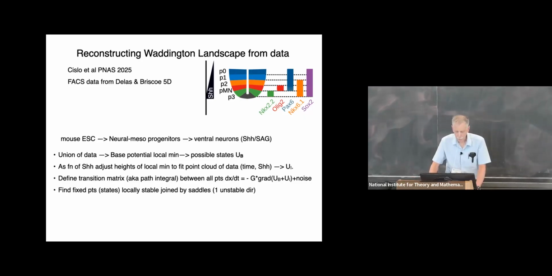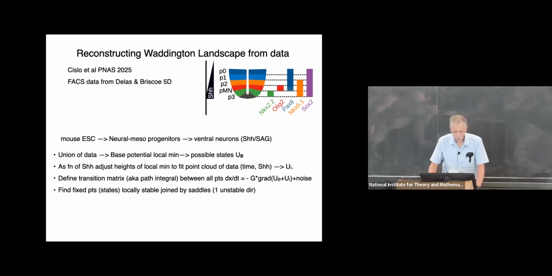So what we do with these measurements in 5-dimensional space is look at the union of the data, all points, which we use to define a so-called base potential. Its points of high density are points of low potential, by the usual expressions, and correspond to the actual states in the system.